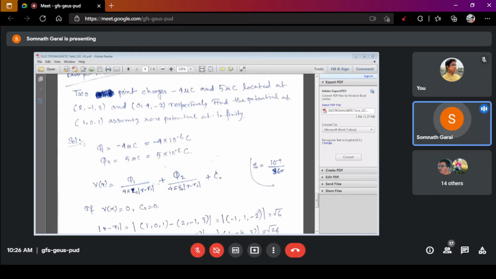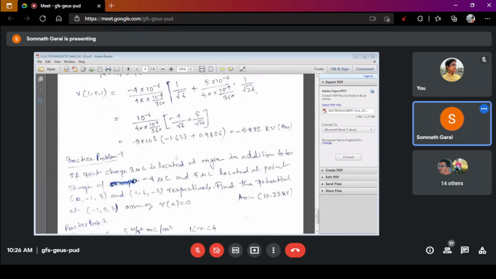Okay, so you solve this problem. Practice problem 1. A point charge of 3 microcoulomb is located at the origin. Located at the origin means the point whose vector location is 0, 0, 0. In addition, two charges of 4 microcoulomb and 5 microcoulomb are located at vector positions 2, minus 1, 3 and 0, 4, minus 2 respectively.